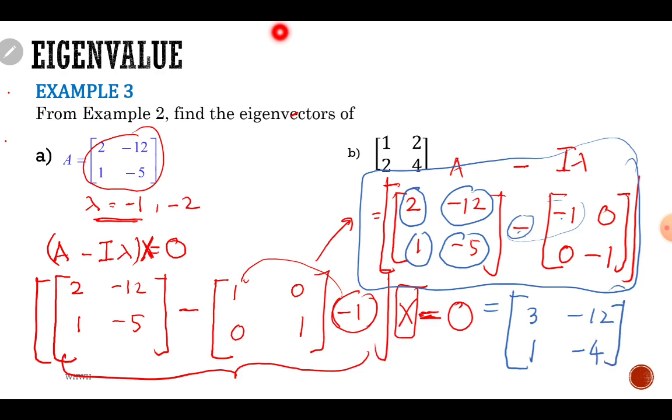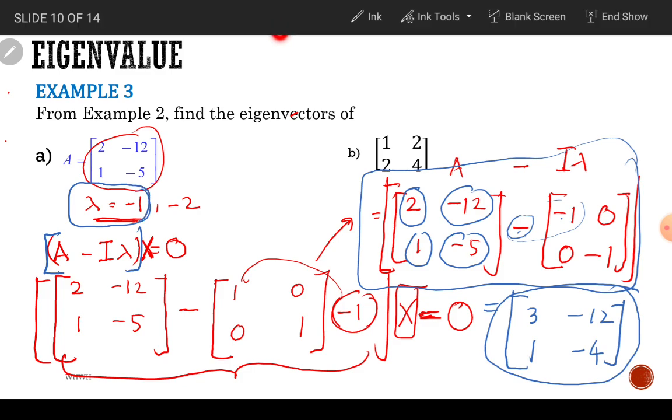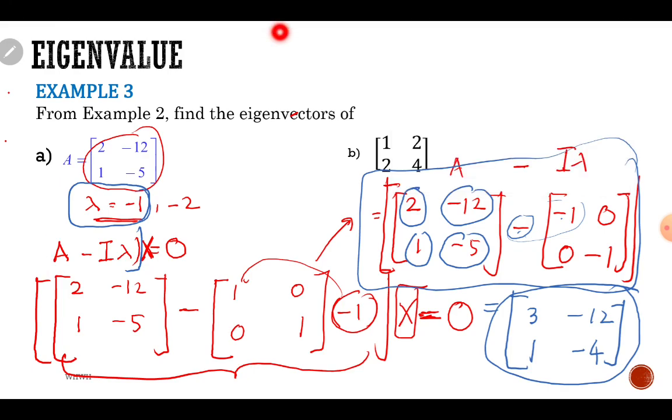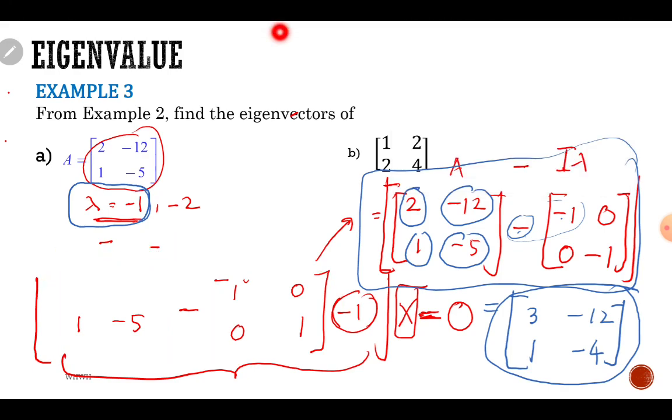Okay, so sekarang clear semua. Kita dapat this value. This value is A minus identity matrix darab dengan lambda, knowing that our lambda is equal to negative 1. Okay. So sekarang ni we come to the next step untuk cari vektor X. Okay. Saya sapu dulu yang ni.